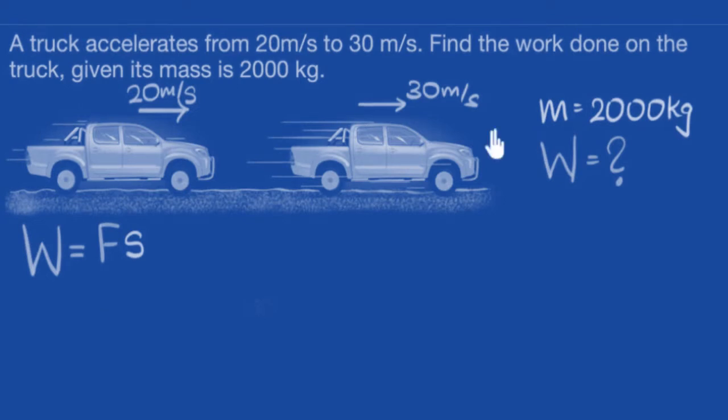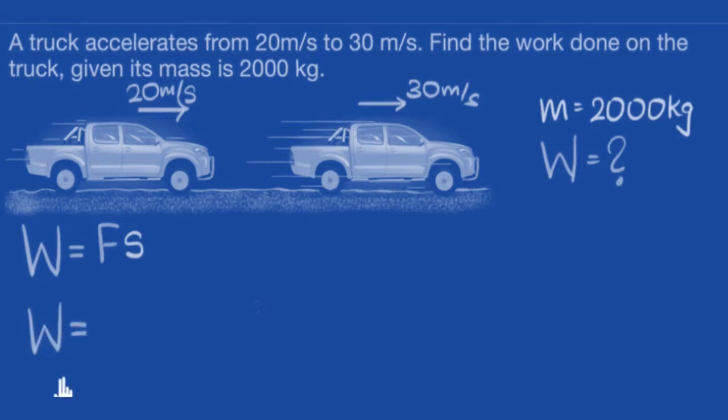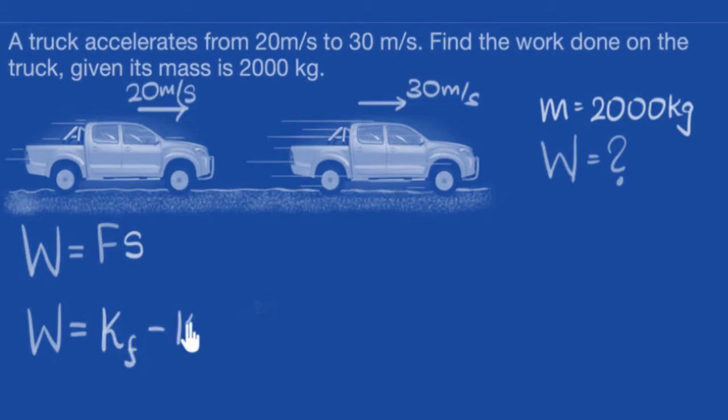If we plug things in and simplify, we will eventually arrive at the equation called the work energy theorem, which says that work done equals the change in kinetic energy. So work done equals the final kinetic energy minus the initial kinetic energy.